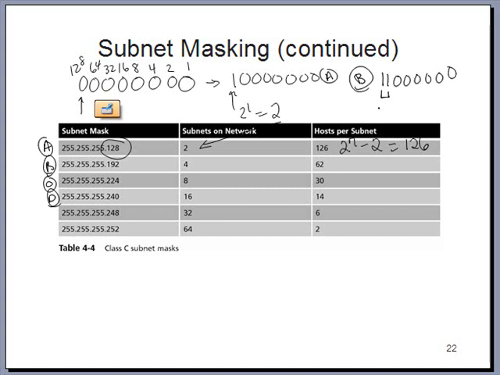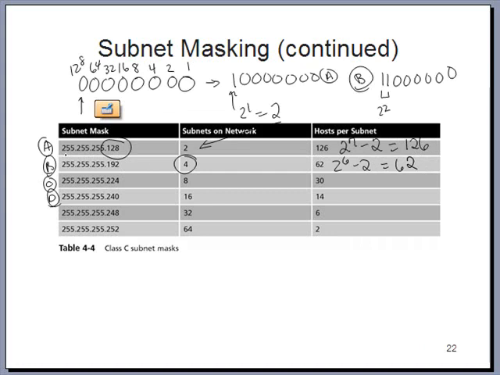This combination is 2 to the 2nd, which gives me 4 possible subnets. What I have left are 6 zeros, so this is 2 to the 6th minus 2, which is 64 take away 2, is 62. That's how we get that calculation.